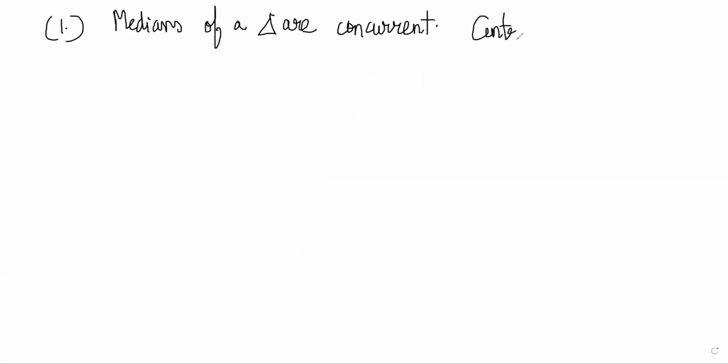We can prove that medians of a triangle are concurrent. And we also know centroid divides any median in the ratio 2:1.